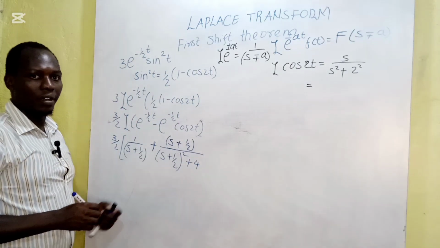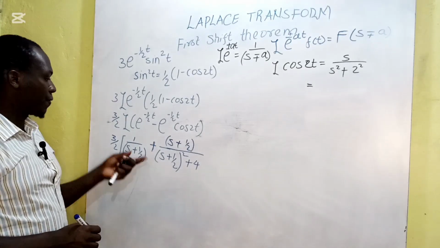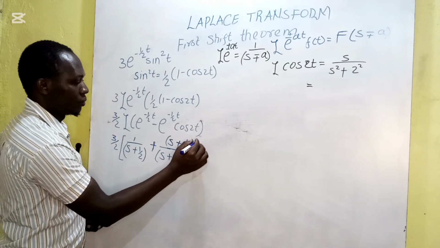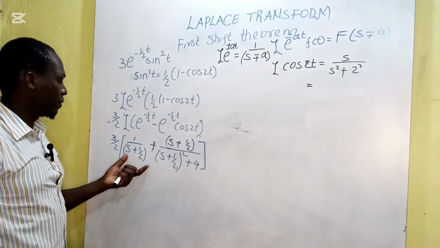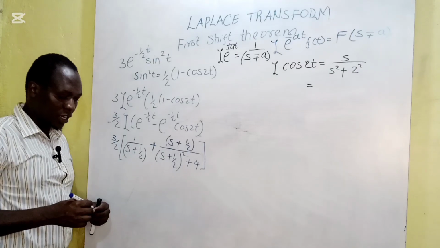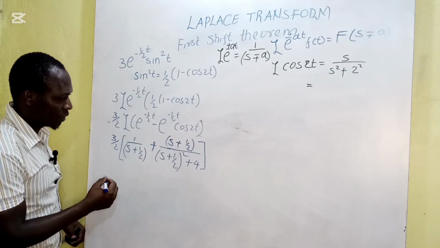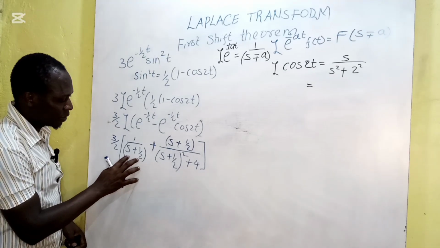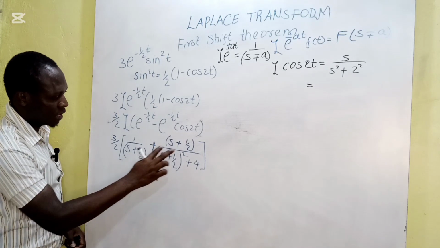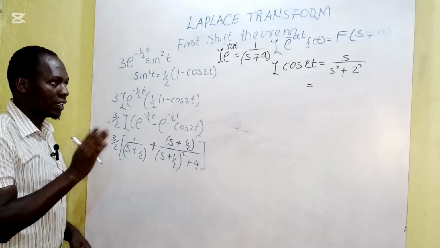Let us now simplify our fractions here. The simplification of these fractions can be quite challenging, but we are going to go through each and every step. When we are having this fraction and this fraction, we can rewrite them.